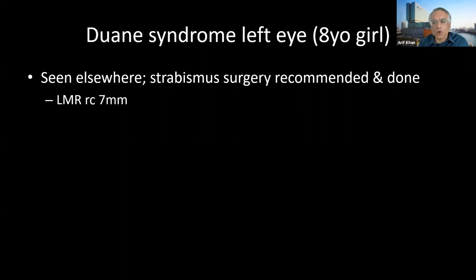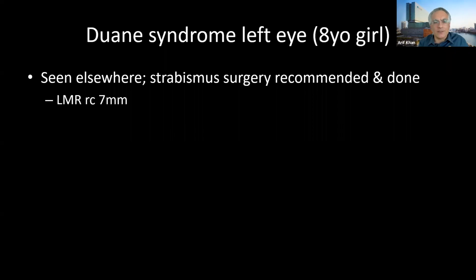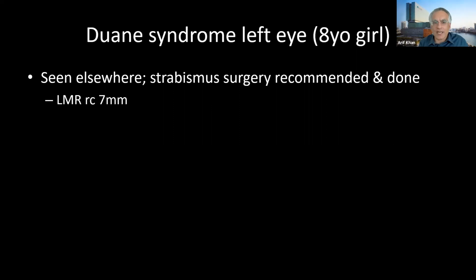So there's a tug of war between them, correct? What do you think is going to happen if you do a very large weakening procedure to the medial rectus? Because this patient had a medial rectus recession of 7 millimeters, which is quite large.